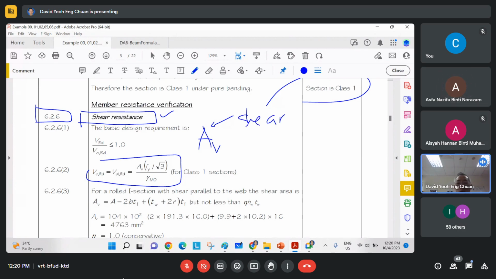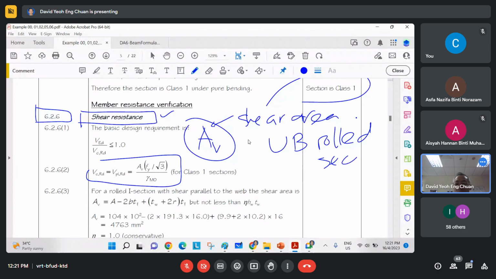Where do we get the formula to calculate shear area for a UB roll section? Where do we find this formula? On page 51.